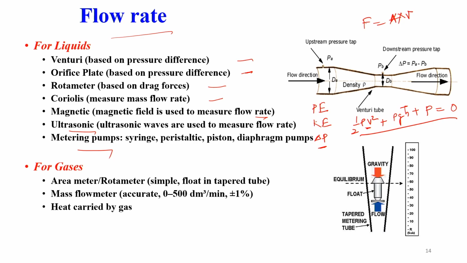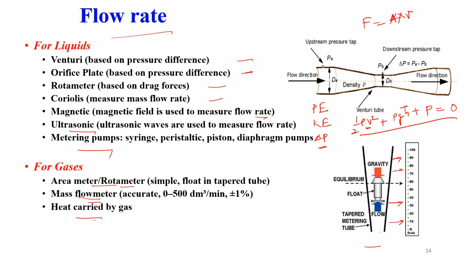Similarly, for gas, the most common one is the area meter or rotameter. This is an example. It has a float, and depending on the flow rate, this float will reach another equilibrium, and we can read the reading over here. In addition to the rotameter, there are other devices for gas, such as mass flow meters.